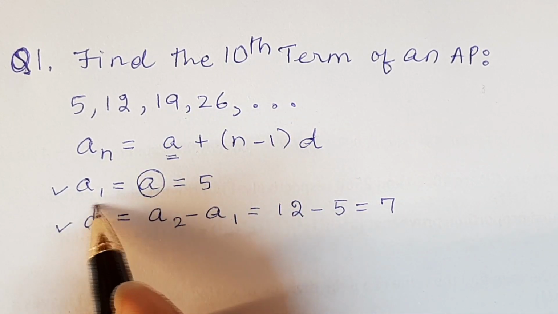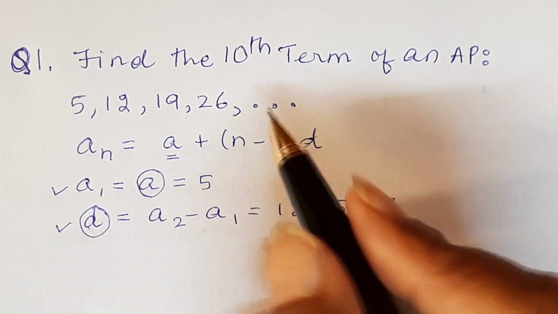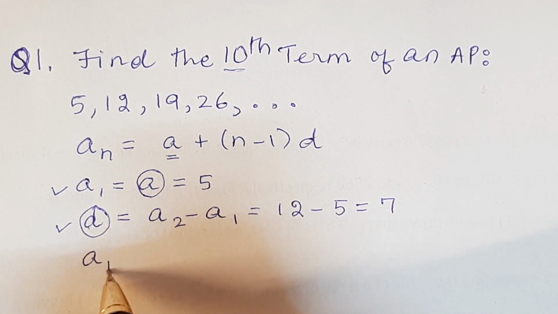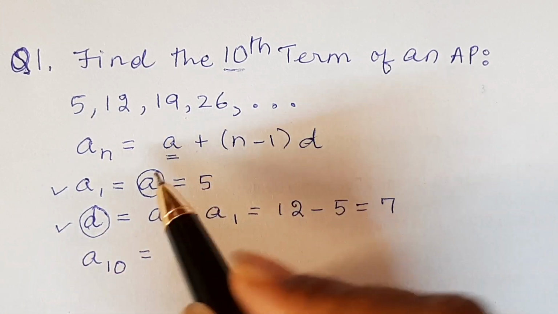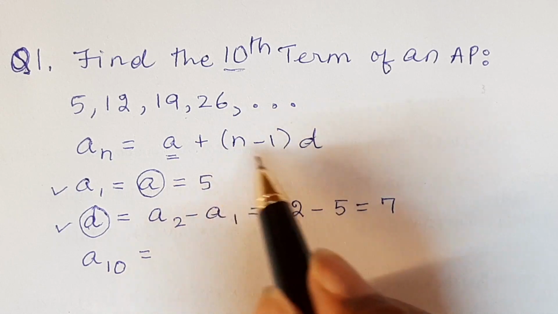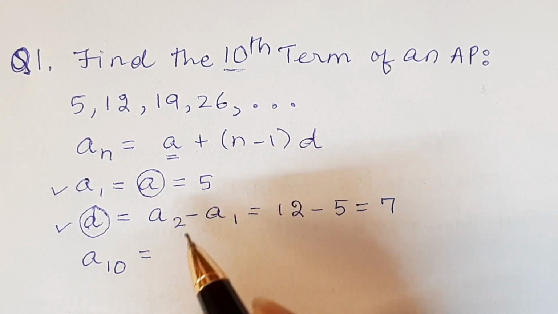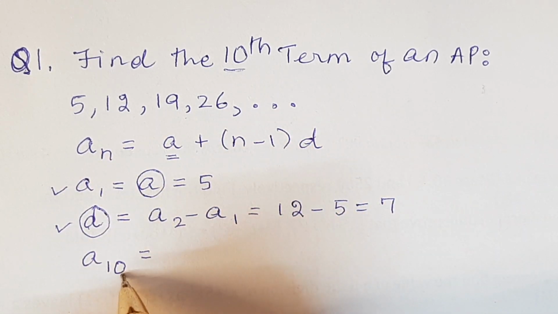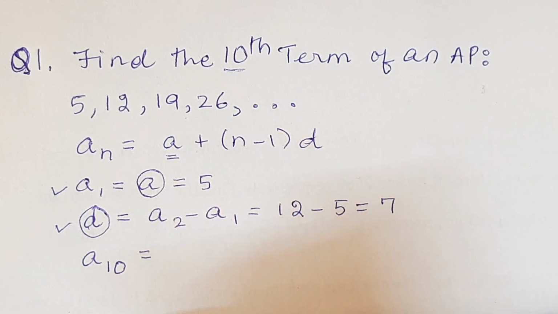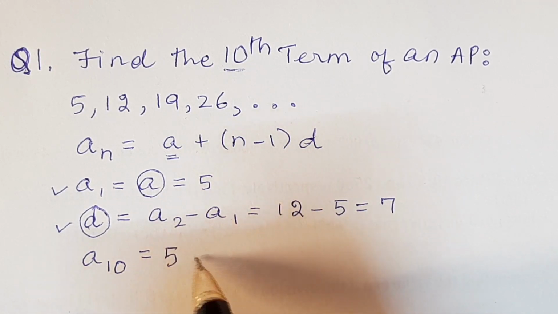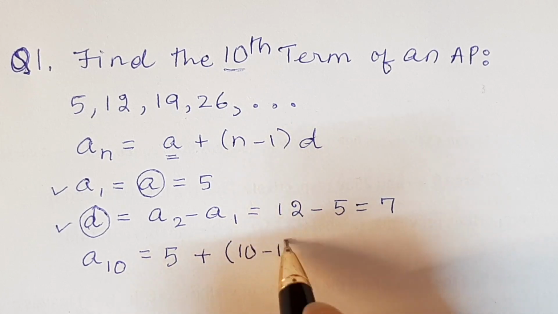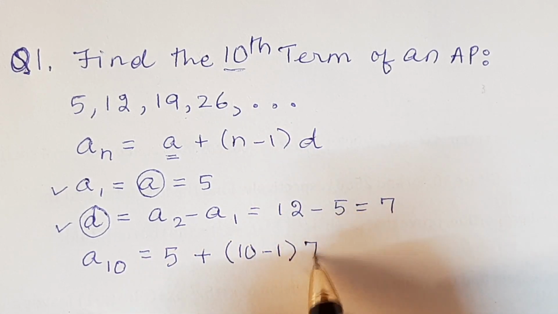So now we have the value of A and we have the value of D, and we know that we have to find the 10th term. So it becomes A10. Our formula is AN equal to A plus n minus 1 into D. So AN becomes A10 because we want the 10th term. What is the value of A? It is 5 plus n minus 1 becomes 10 minus 1 into D becomes 7.